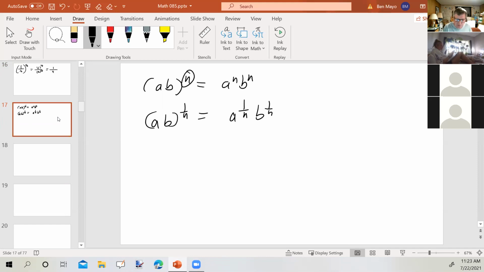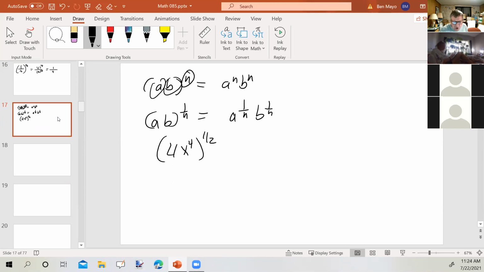Again, the outside exponent gets attached to each factor inside. So now let's say we've got this 4x to the 4th all to the 1/2 power. It says simplify each expression. Assume that the variables can be any real number and use absolute value symbols when necessary.